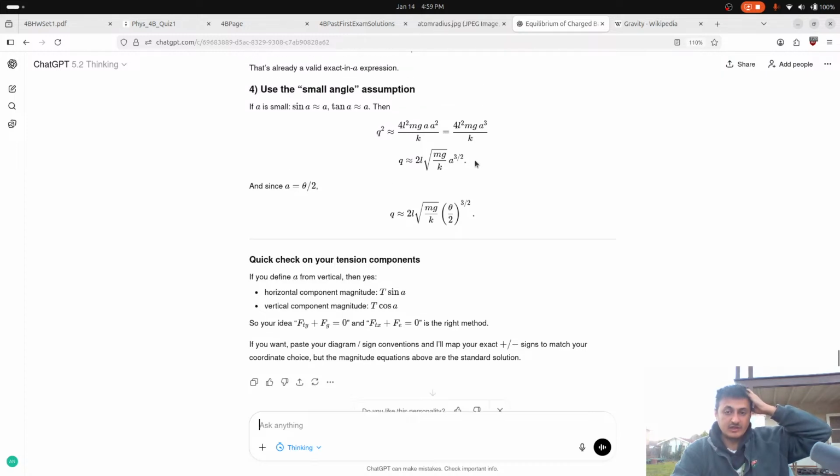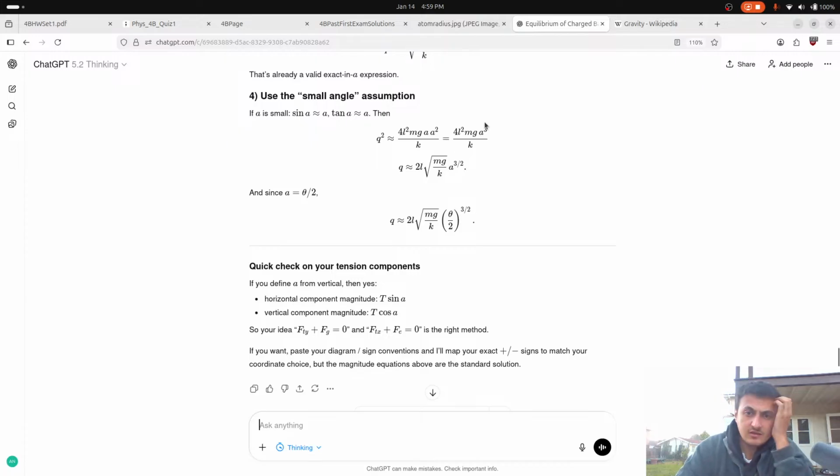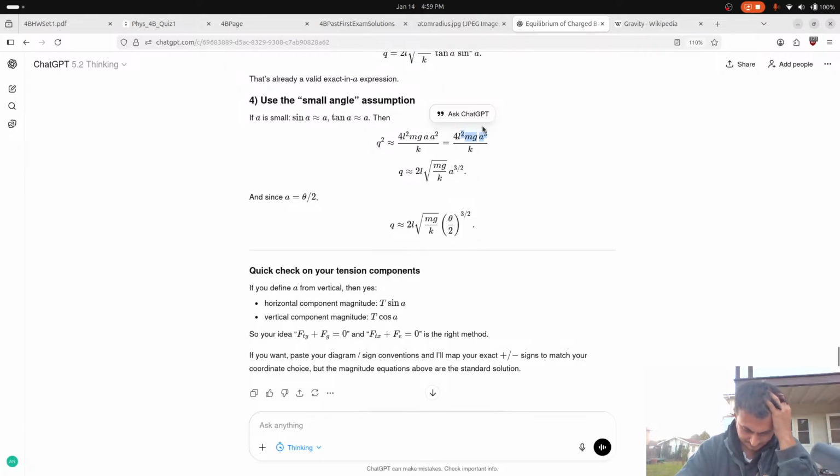I messed something up. 4L Q squared is equal to 4L A cubed. Oh, because we missed an A on this side. Wait, did we? We missed an A, so then this is going to be A cubed.